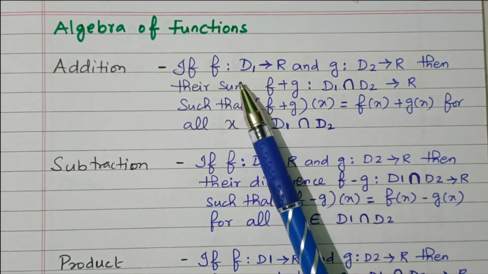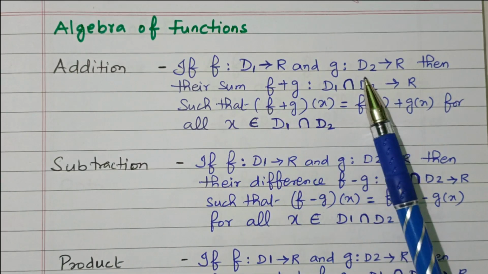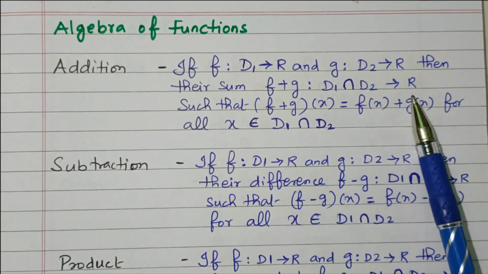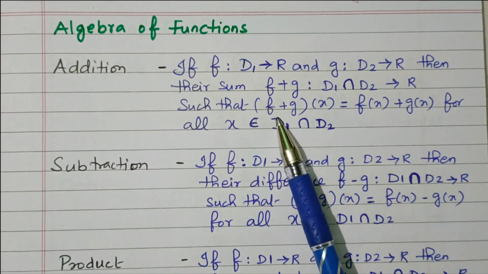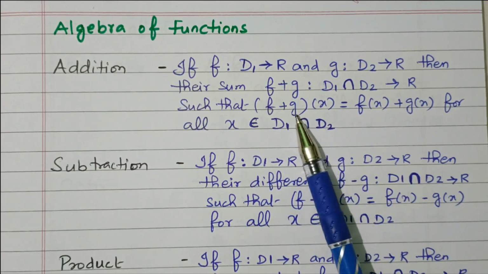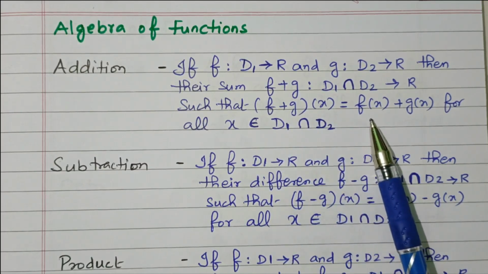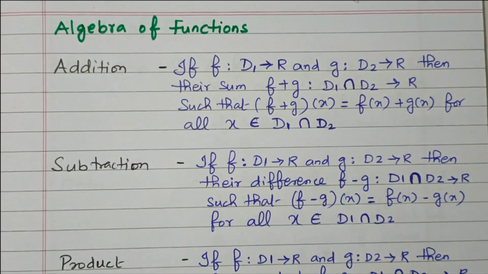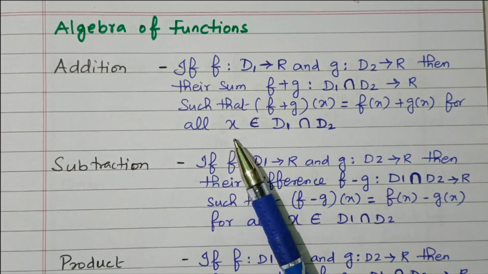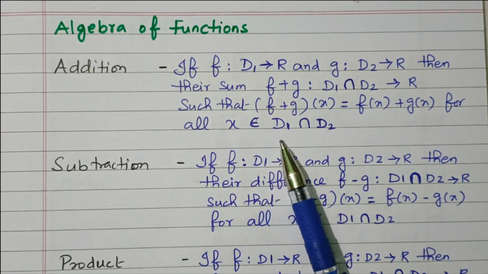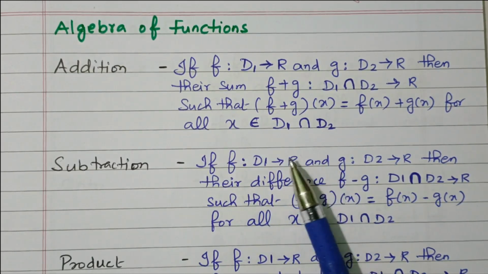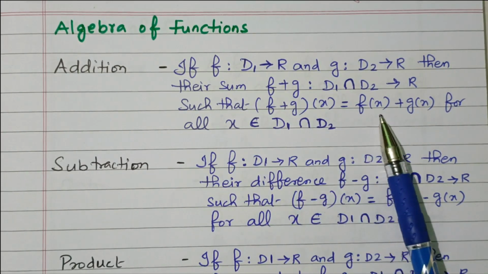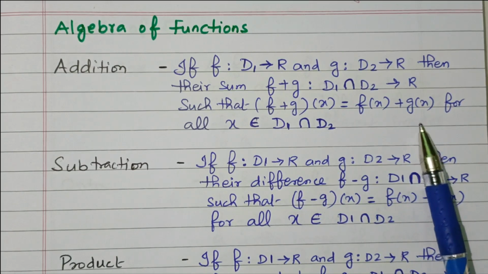So (f plus g)(x) can be written as f(x) plus g(x) for all x in D1 intersection D2, right? So the two functions f and g, while adding, will give f(x) plus g(x). So that is the meaning.